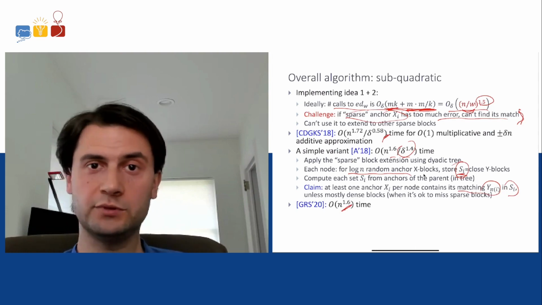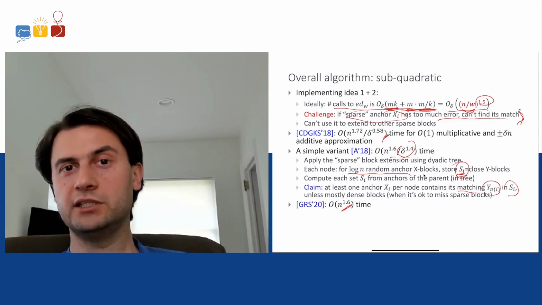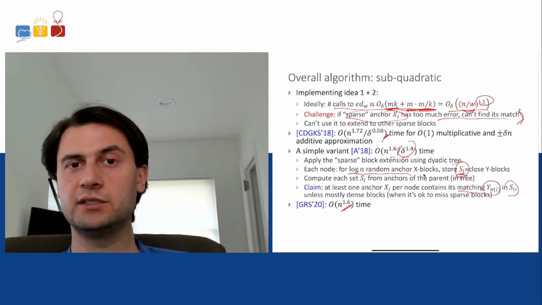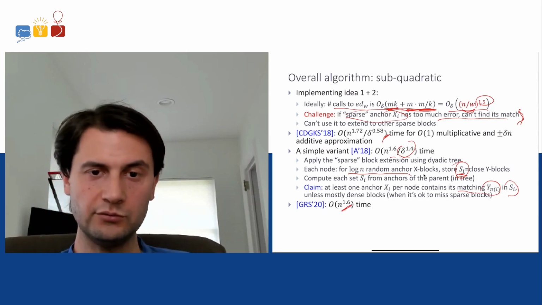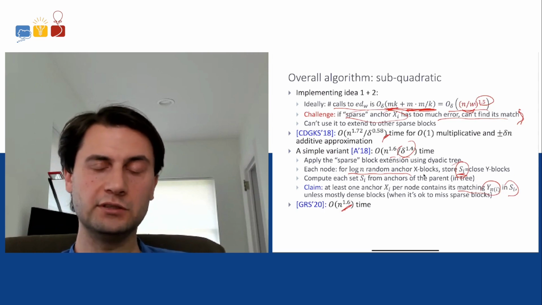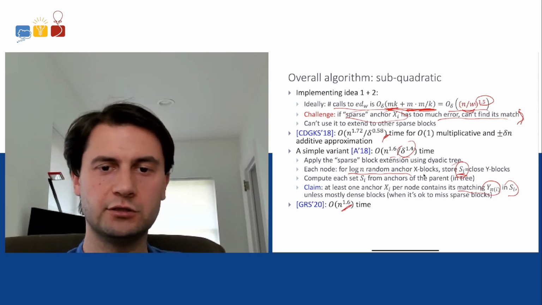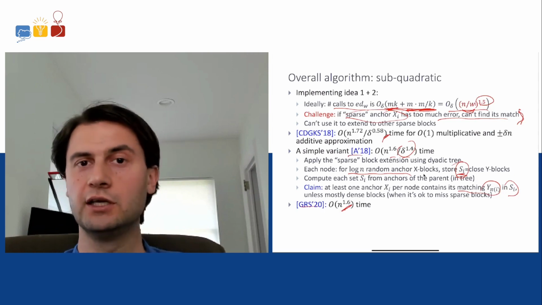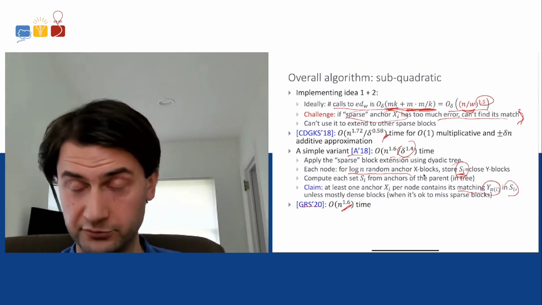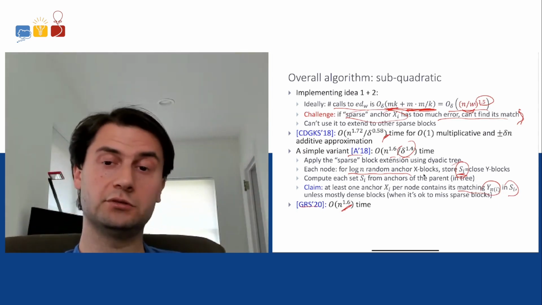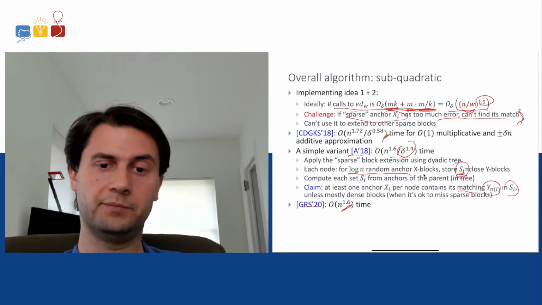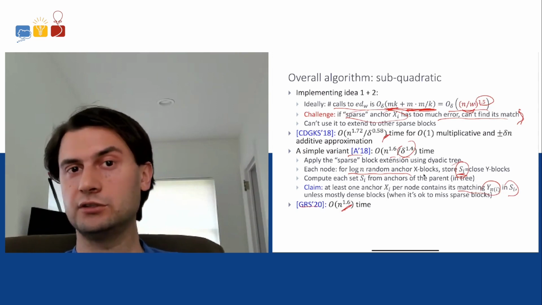It is a great open question to see if we can obtain time which is n to 1.5 in this case. I should mention that in particular these two papers obtain an approximation which is 3 plus epsilon, and it's a great question to see if we can get 3 plus epsilon approximation in time n to 1.5.